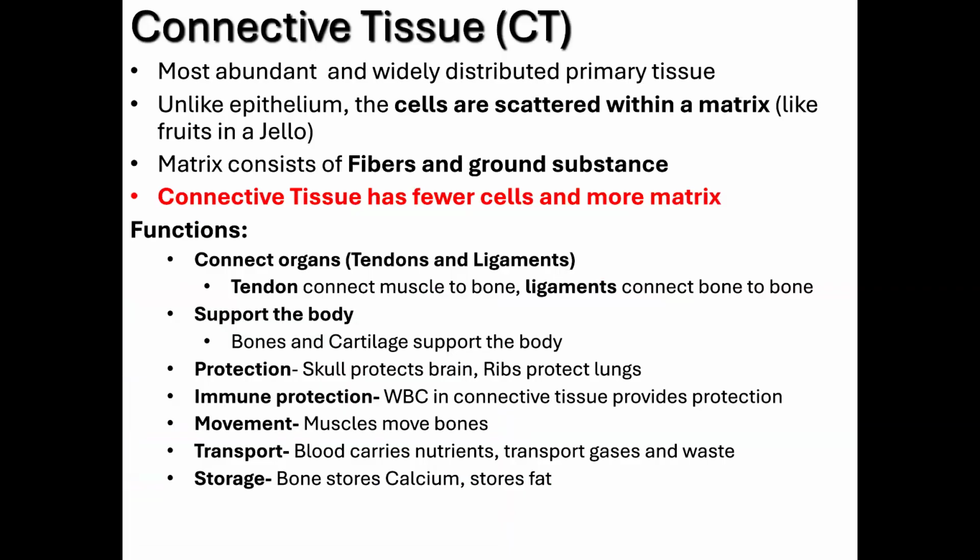So we have talked about the epithelial tissue. Now let's move into the connective tissue. Connective tissue is the most abundant tissue. And if you think about the cells in a fetus, they all come from three layers.